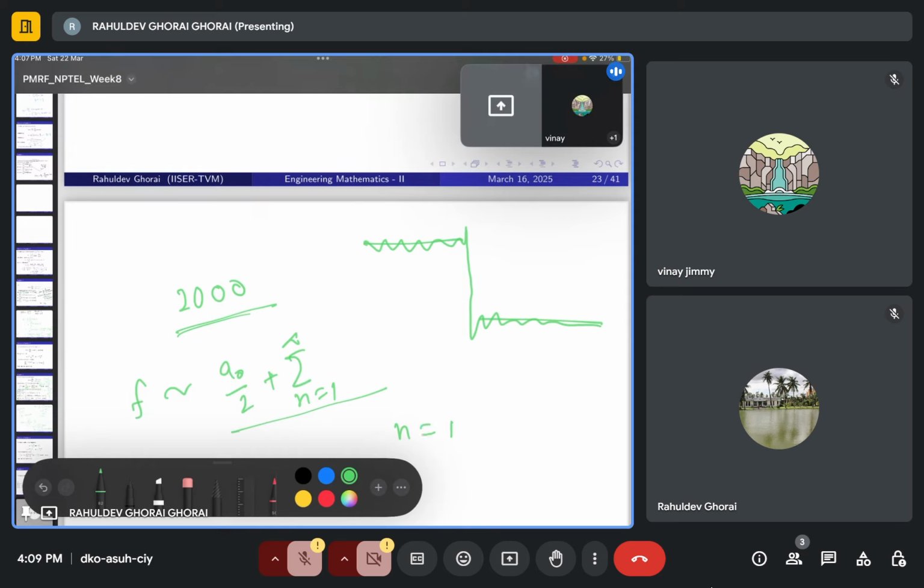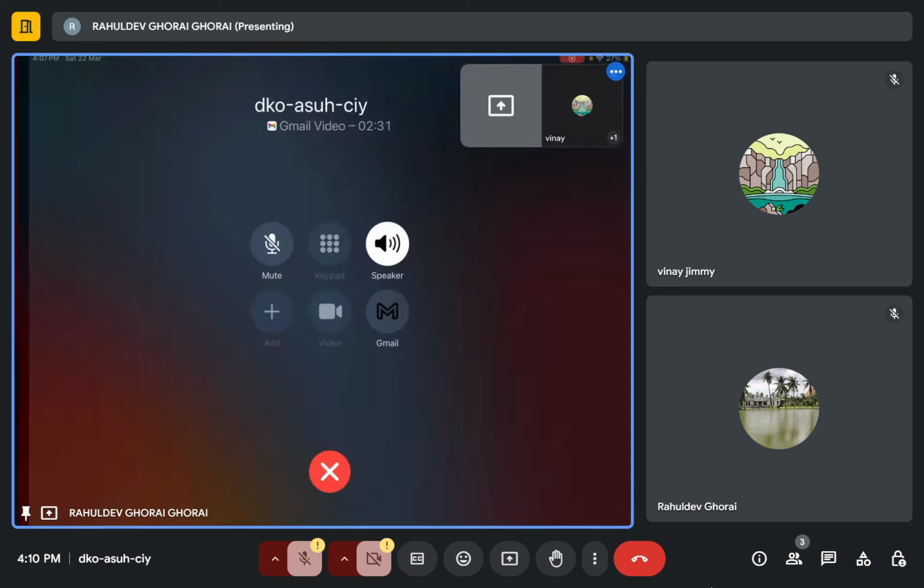Even if you take n equal to 1 to 2000, the function is like this, oscillating and then like this. So it is quite approximating, right? If you take a much bigger number of terms, it will converge to these two lines. Okay, sorry.